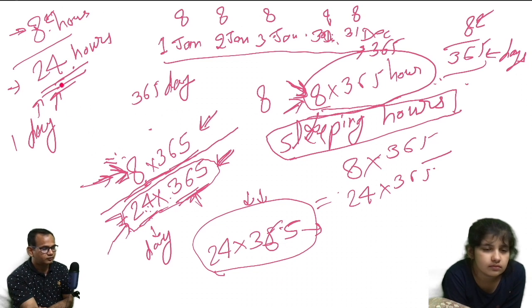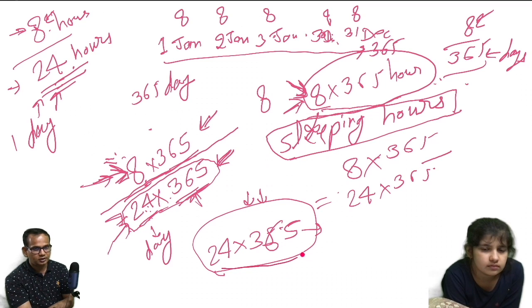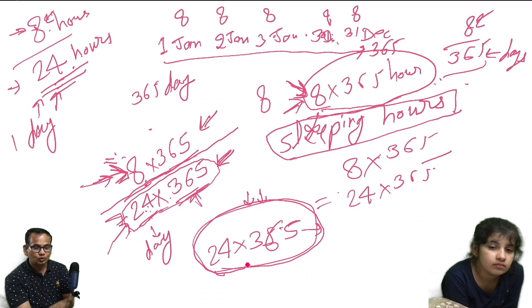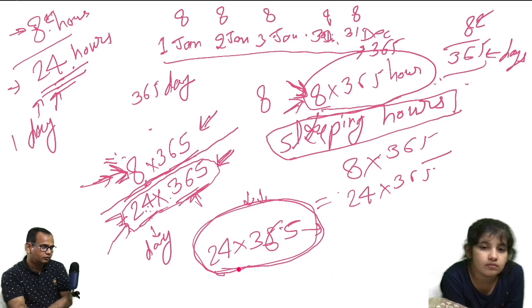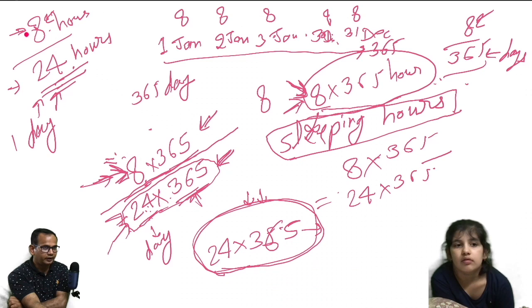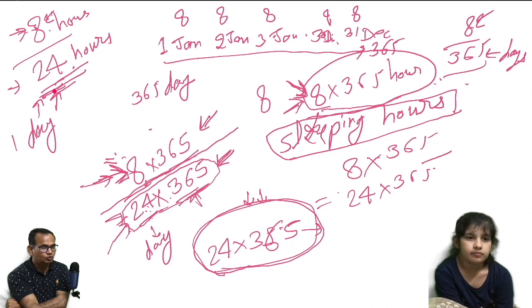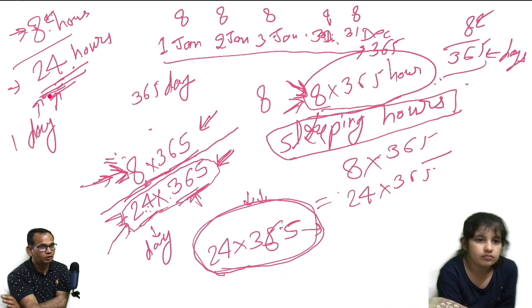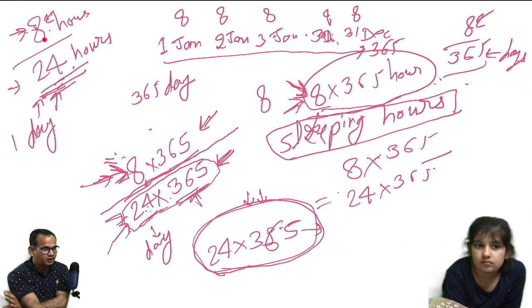Here 24 hours we were having, but now we have these many hours. So how do we have to calculate? Per day we sleep 8 hours out of 24 hours, so to calculate the part of the day, we just divided 8 by 24, right?